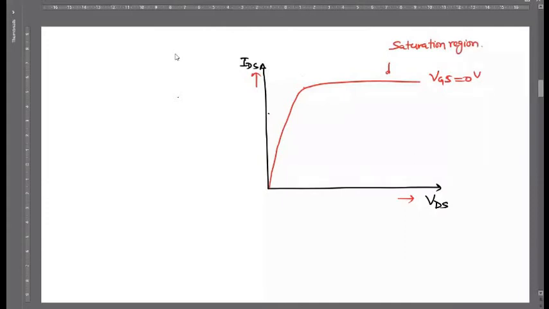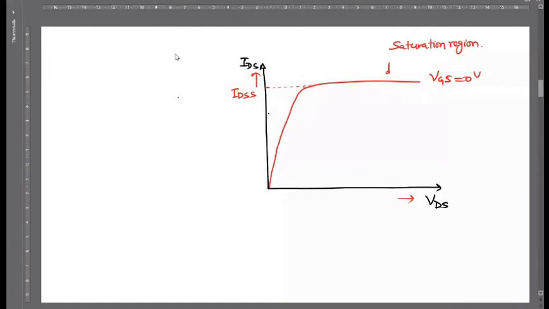For VGS equals 0, this current attains a maximum value, and this value is known as IDSS. This is the maximum current, IDS.